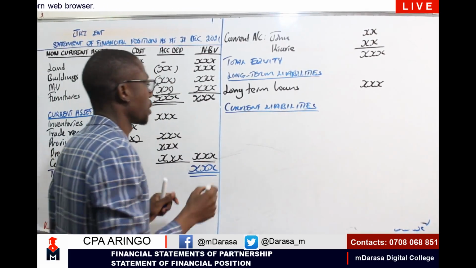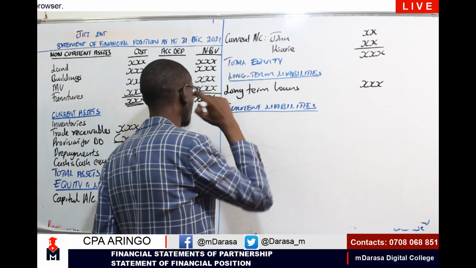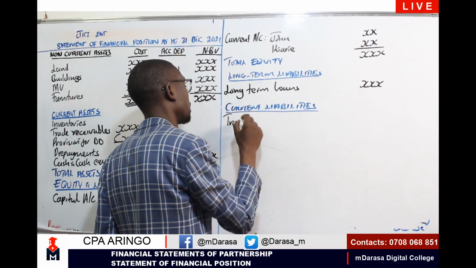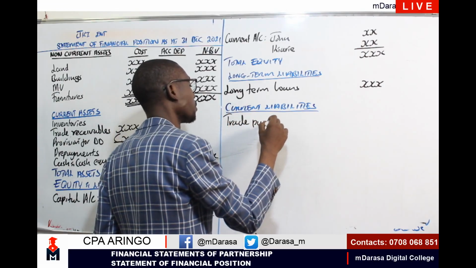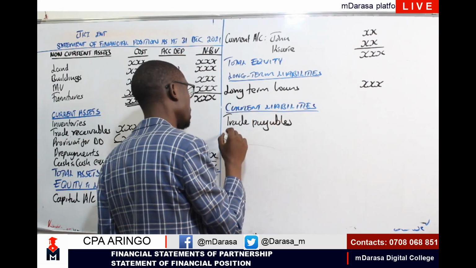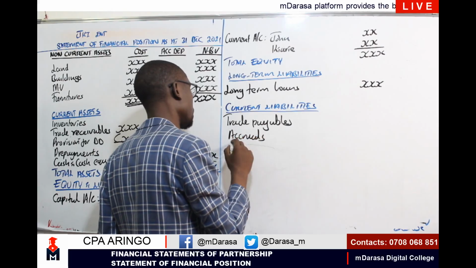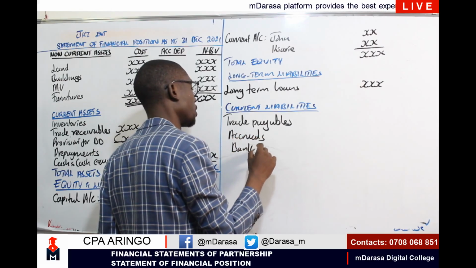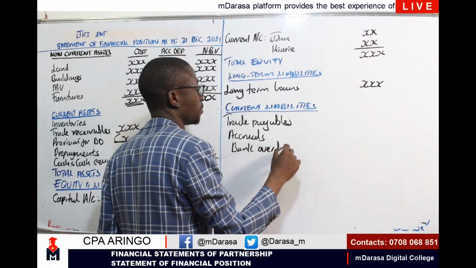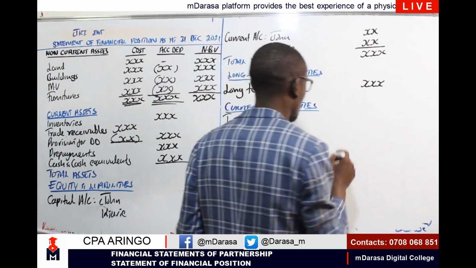We'll be having maybe trade payables, any accruals, and if at all you're having any bank overdraft. All these items we'll be considering here.